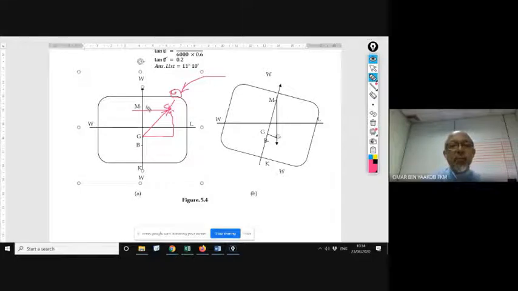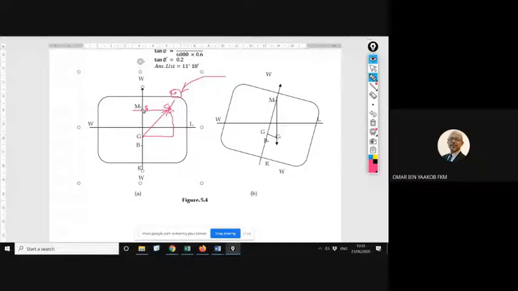So the GM becomes reduced. So this is the new height, the vertical height of the center of gravity, measured from this line to the M line.